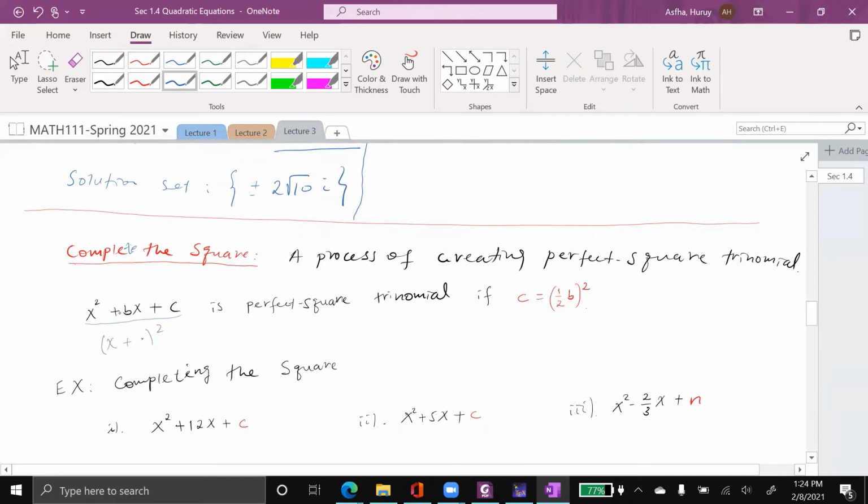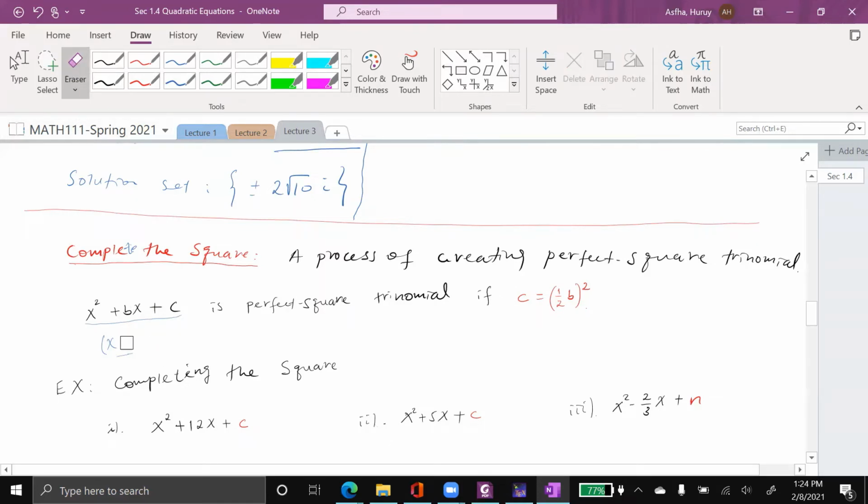So that's what we mean by perfect square. Can you factorize it and write this one in this form? If you can write this one in this form, then that's what we call the perfect square trinomial. Trinomial means there are 3 terms, 1, 2, 3. This is trinomial.